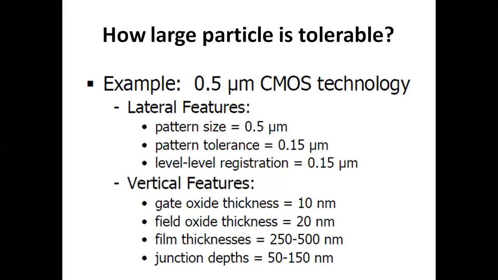Which class of clean room you need depends upon your technology, what you are fabricating, what is the minimum feature size, what are the minimum dimensions. If the minimum dimensions are very small, then you need a high class rating clean room. If your sizes are big, if your device is big, then you need a low class clean room.